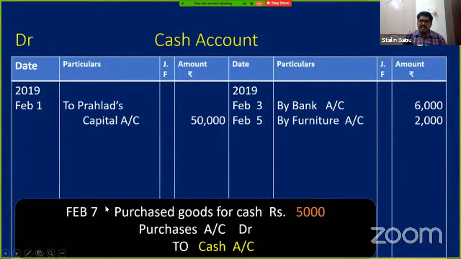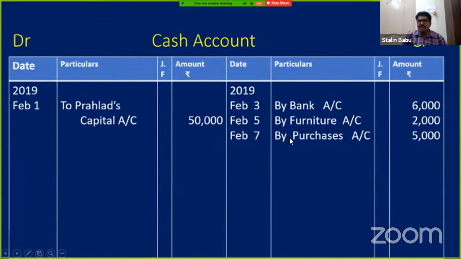What is the date of the transaction? February 7th. So write the date 7th in the date column. In the particulars column, we write the debit account name. What is against the cash? Purchases. So write by purchase account in the particulars column and amount 5,000 in the amount column.